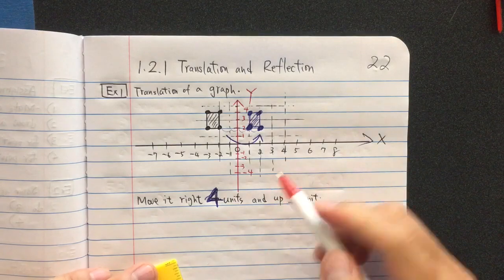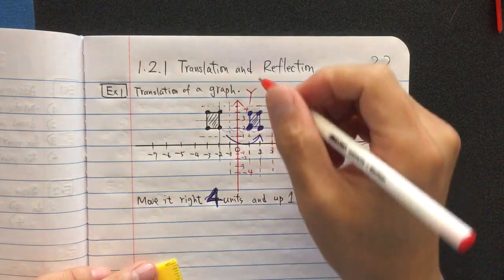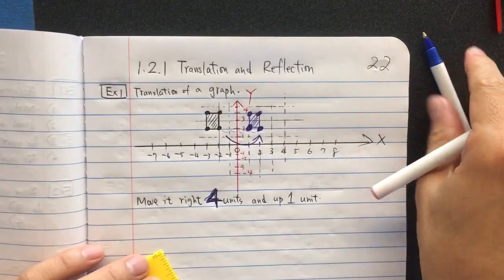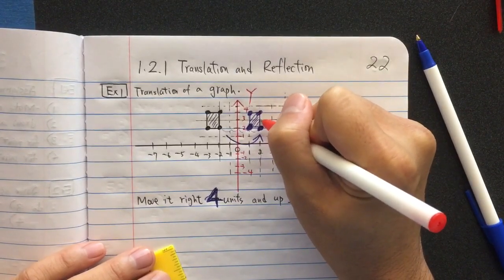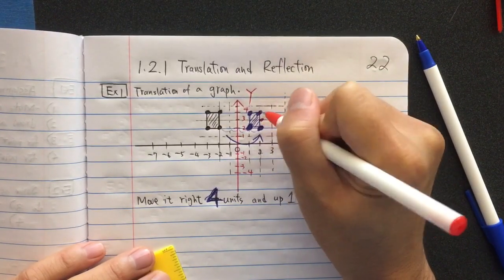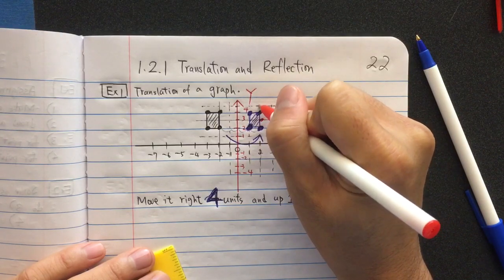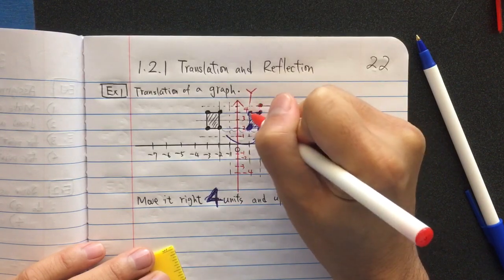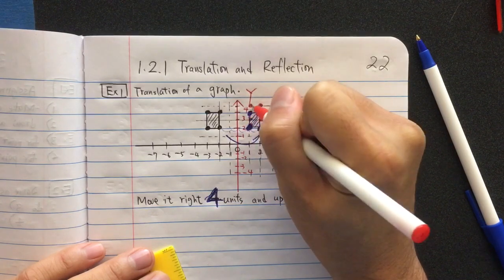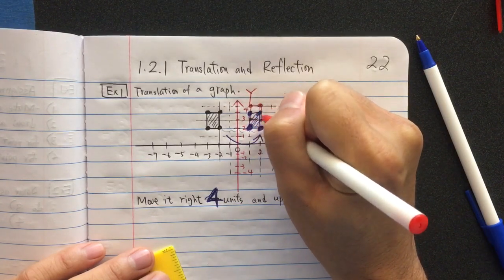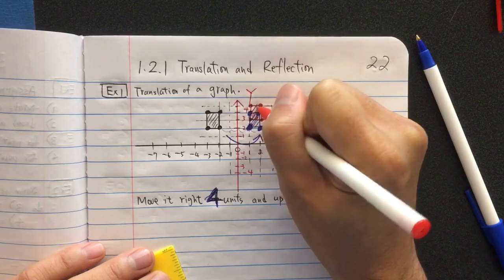But now we are not done yet. We need to move up 1 more unit. So we move these points up 1 unit. It's right here. We move this point 1 unit here, 1 here. So now the final graph is the red one.